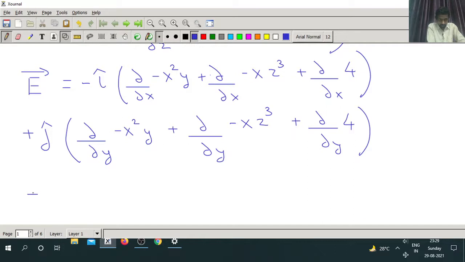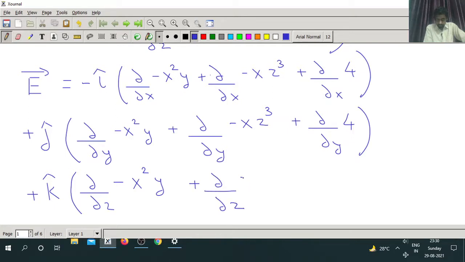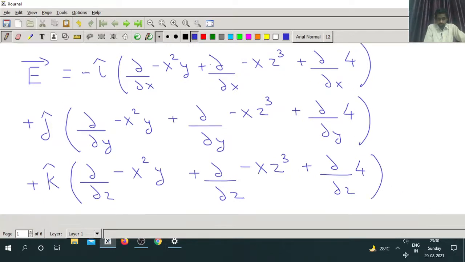So we can keep this k cap as common and differentiate with respect to d by dz: minus x square into y plus d by dz of minus x into z cube plus d by dz of 4. Now you can see this 4 is constant, so differentiation of a constant is 0.